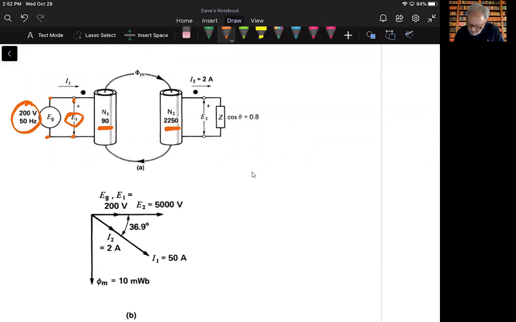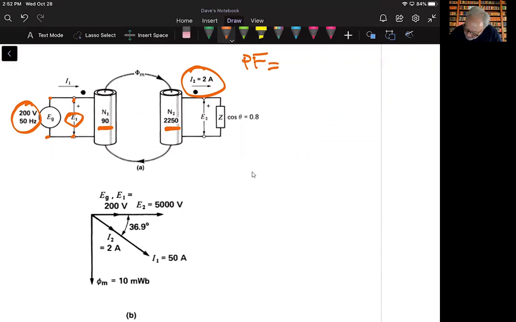Here are our polarity marks, and the same relationship of everything that we've looked at up to this point. Also, it says that the load across the secondary is drawing 2 amps. All of these are RMS or effective values. And it's going to include something that I hope we remember, called the power factor.